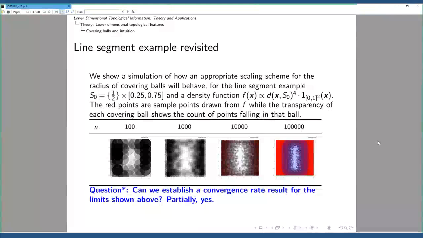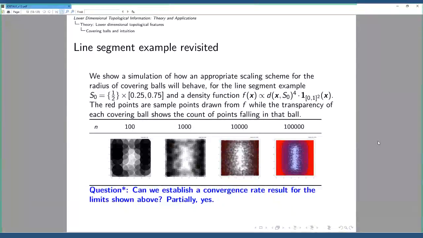In these figures, the red dots are those sample points drawn from this density function. And those transparent black balls are those covering balls that contain at least one red dot, meaning one sample, so they are non-empty. While the white areas were covered by empty covering balls, which are the covering balls that contain no red dots or no sample points at all.